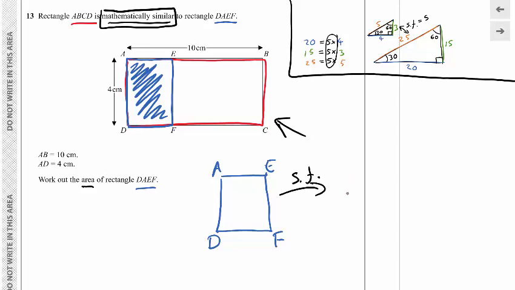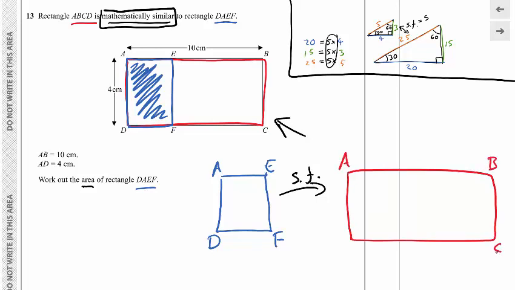My big rectangle looks like this, which is ABCD. So let's put the side lengths back on. I know that this side length here is 4 centimetres. This side length here is 10 centimetres. And I may as well fill the opposite sides as well. So this is 10 centimetres and this is 4 centimetres.